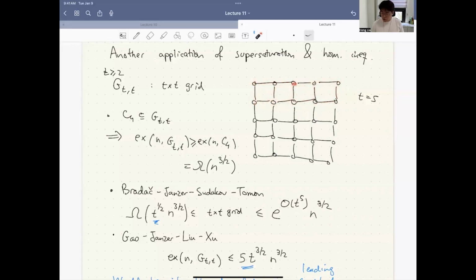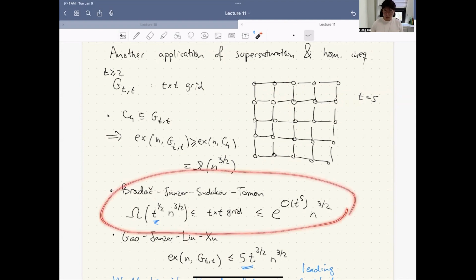Then all you need to do is to find the long path in this auxiliary graph. But you need to be careful that the vertices in this path correspond to these t paths in the original graph that are pairwise vertex disjoint. So there are some things you have to be careful with in this approach.